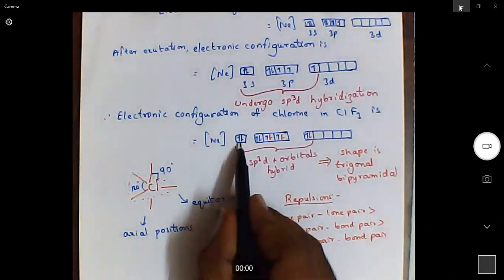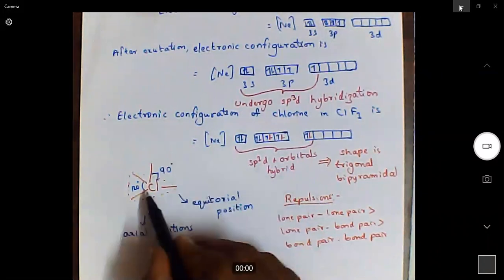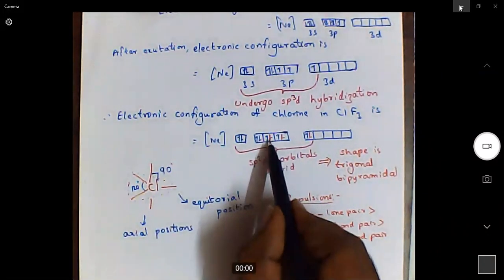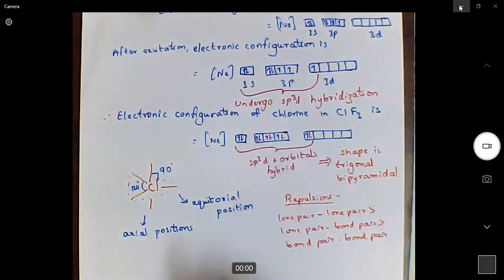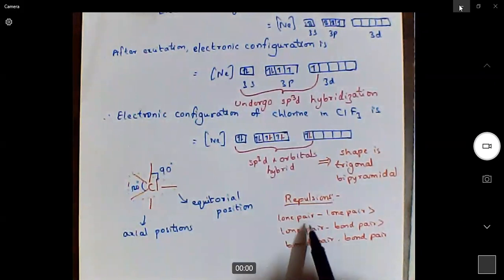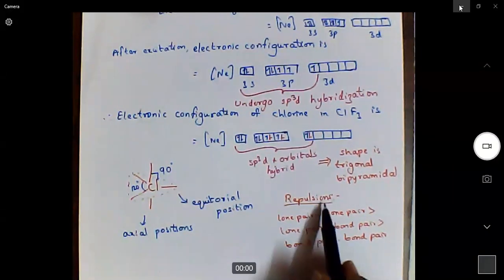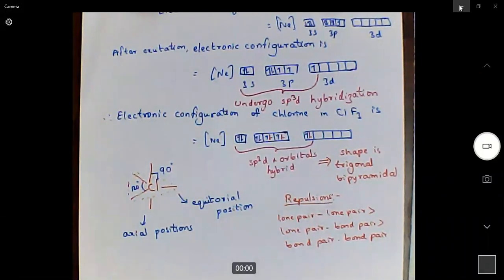A pair of electrons which are not involved in the bonding, they belong to the atom. What is a bond pair? A pair of electrons which are in the bond. Okay. Now, repulsion energies between lone pair and lone pair are always greater. So because of repulsions, we will have instability.